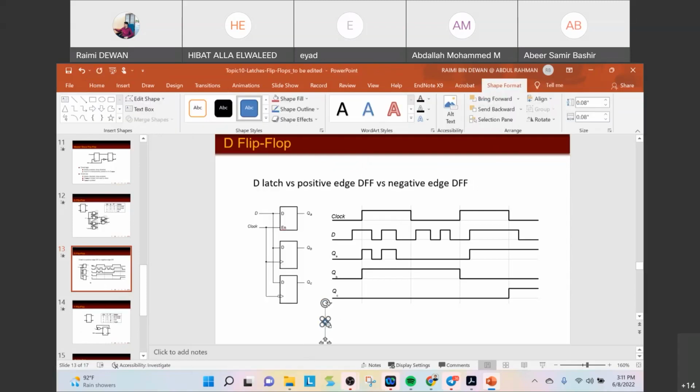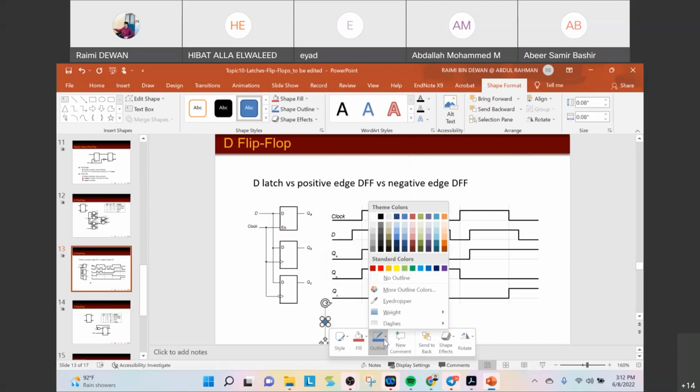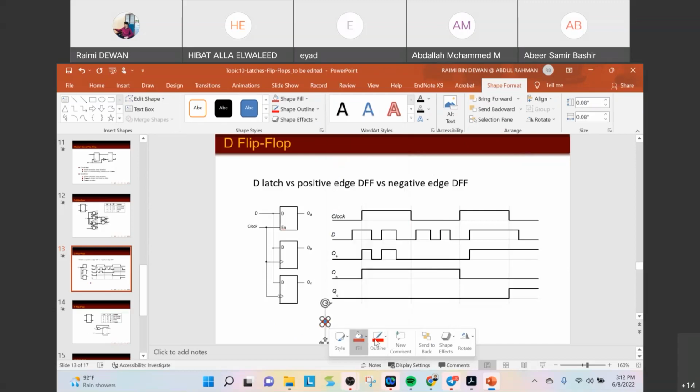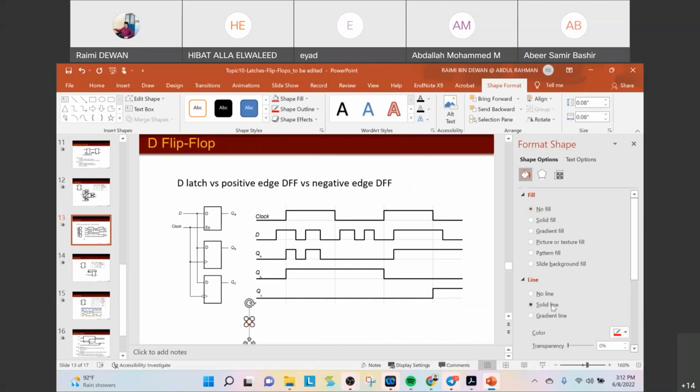Maybe I put some here so that you can easily know what the difference is. Wait, what should I do about this? Format shape, no fill, line.